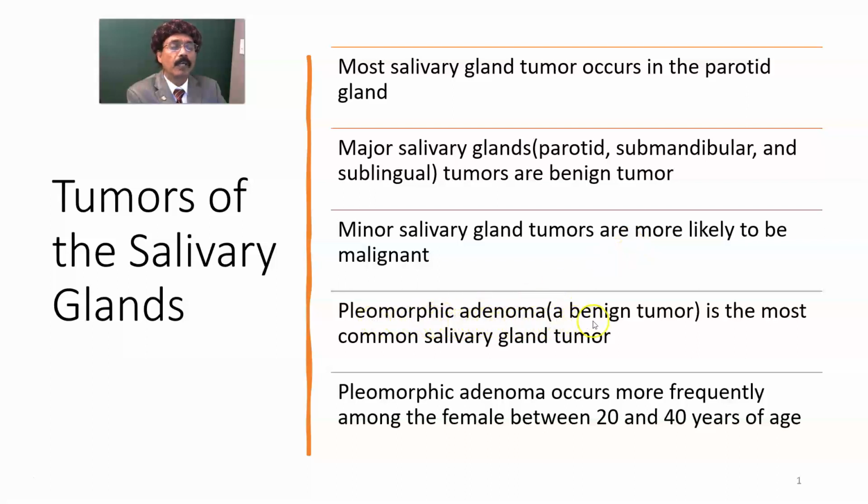Pleomorphic adenoma, a benign tumor, is the most common salivary gland tumor, and it occurs mostly in the parotid gland. It occurs most frequently among females between the ages of 20 and 40 years.